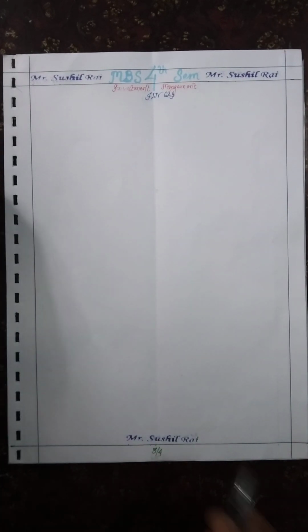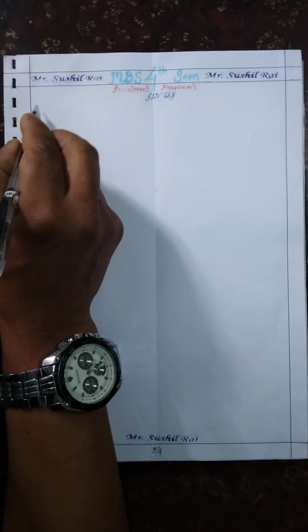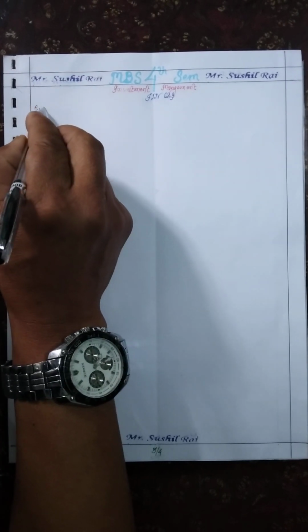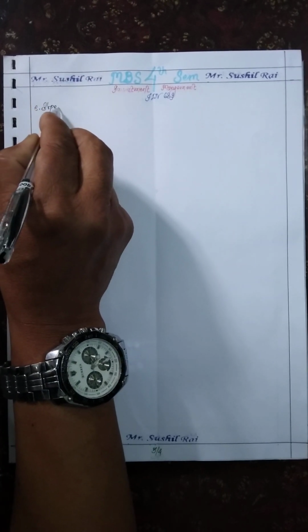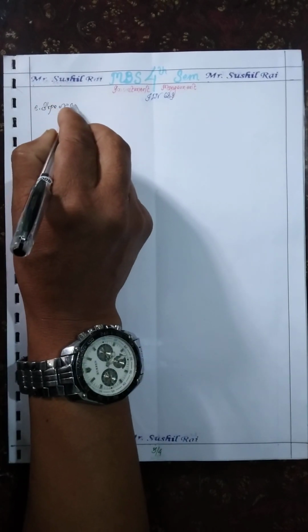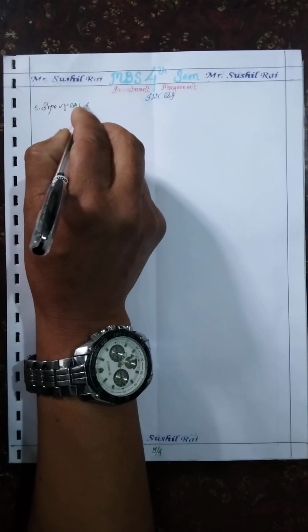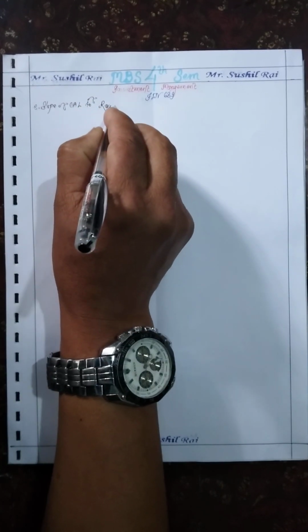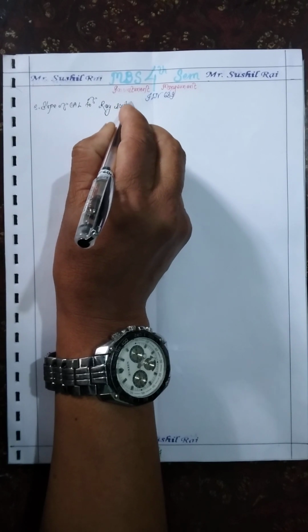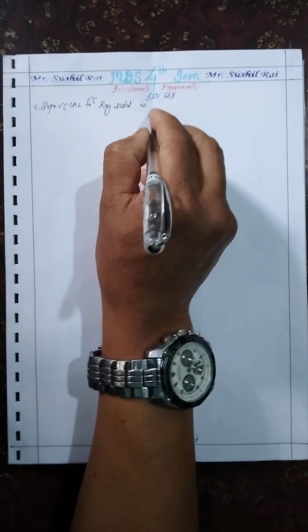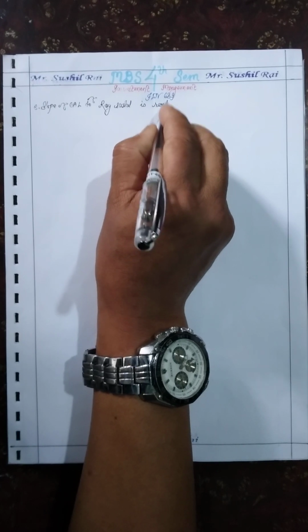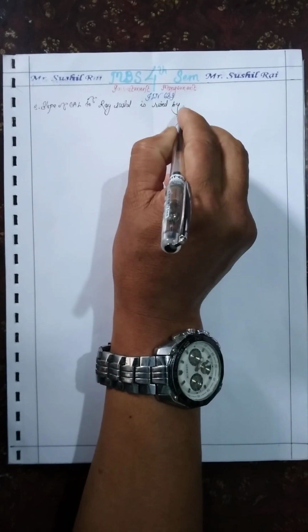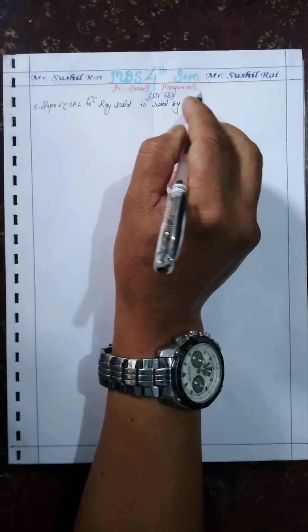E. How do you explain the slope of the capital allocation line to Mr. Sharma? Slope of CAL 2 is rise by run.